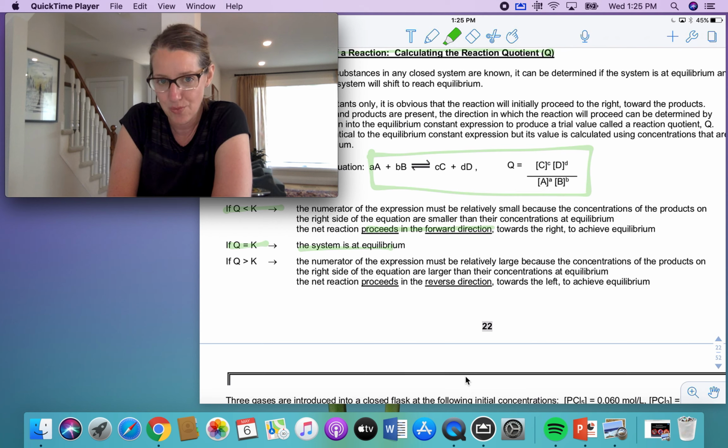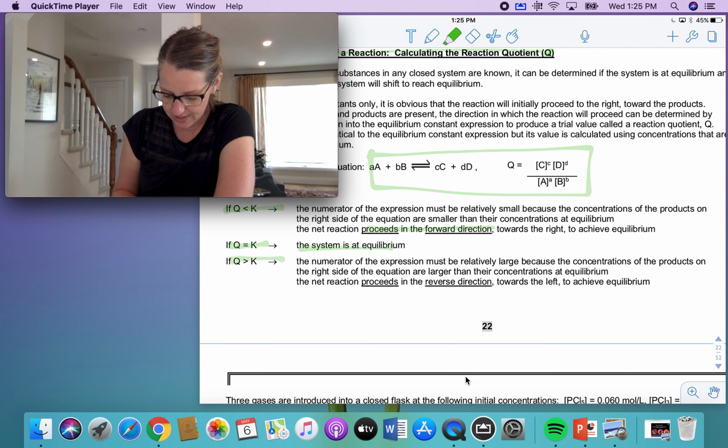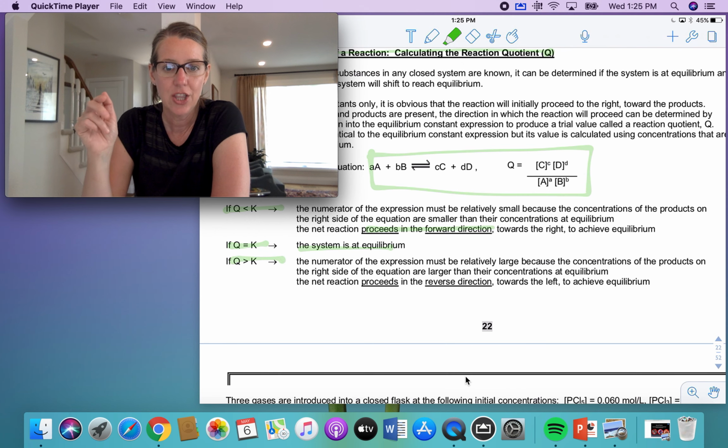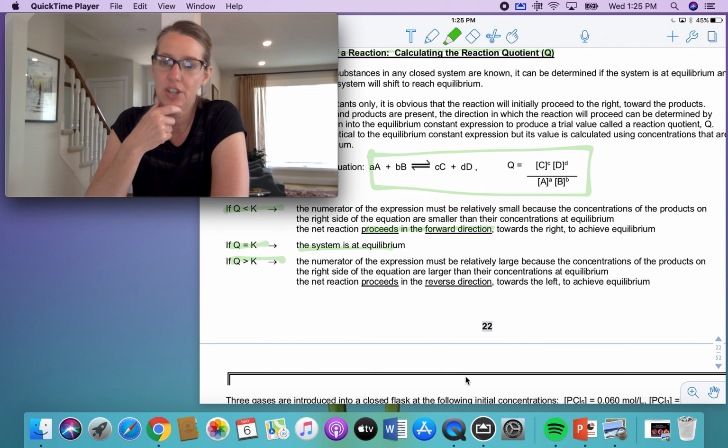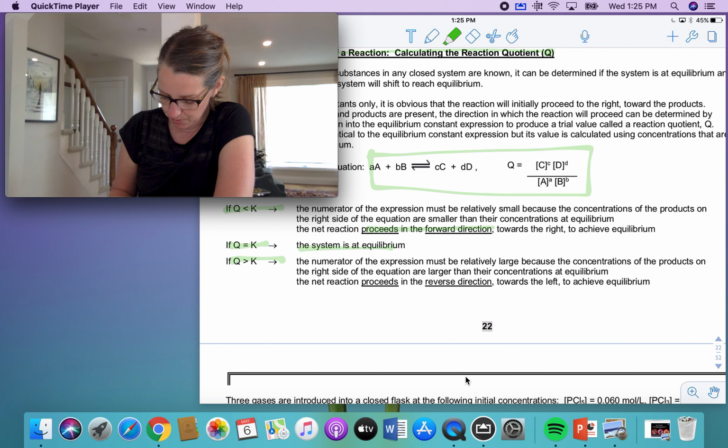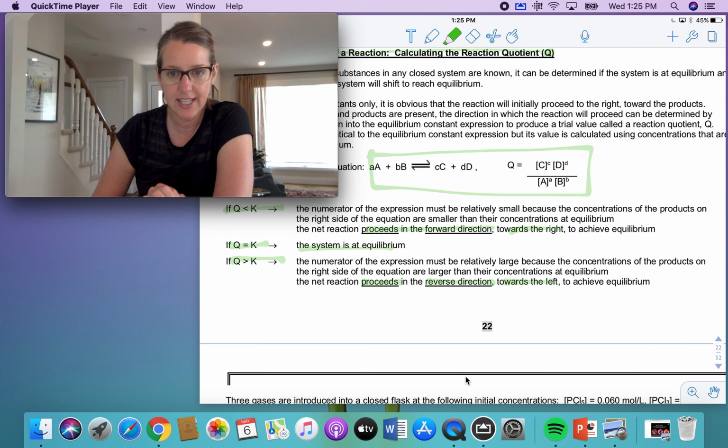And what if Q is greater than K? It just means that mathematically the numerator must be relatively large, because the concentrations of the products on the right side of the equation are larger than the concentrations at equilibrium. The net reaction is going to proceed in the reverse direction, which is towards the left, in order to achieve equilibrium.